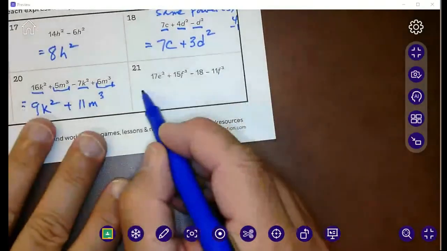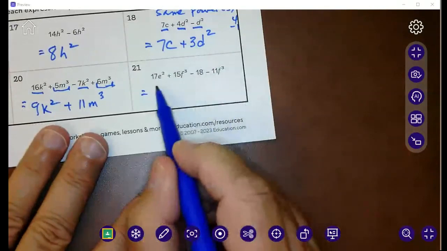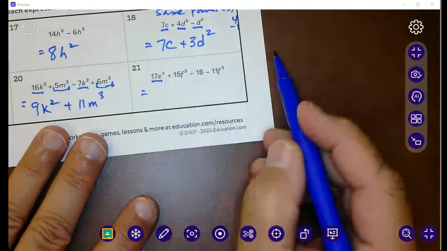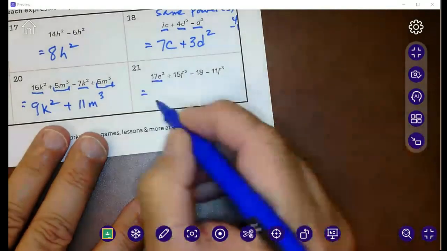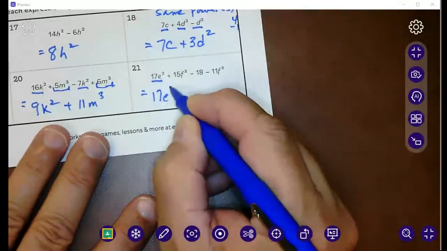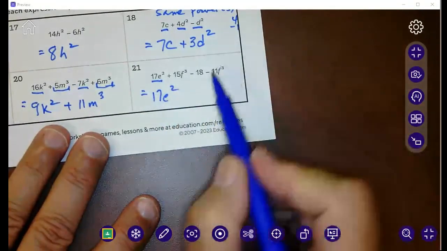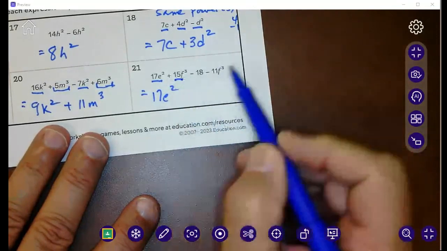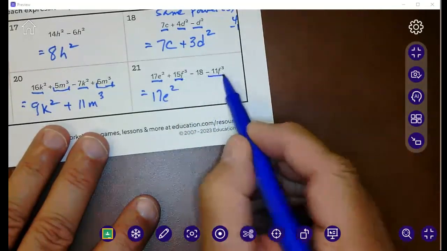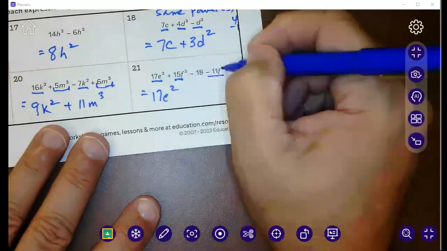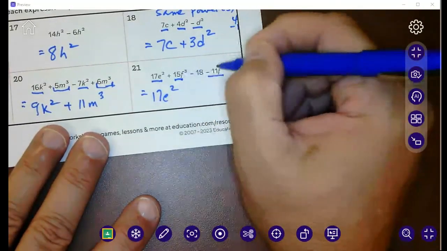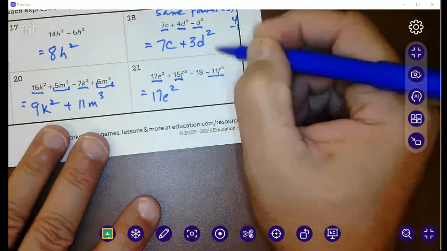And then on number 21, we have a 17e squared and no other e squared, so that's by itself. We have a 15f cubed and an -11f cubed. Those can be put together because they have the same variable to the same power.